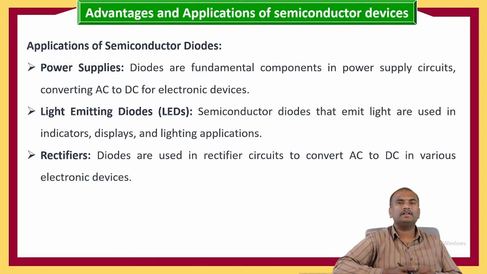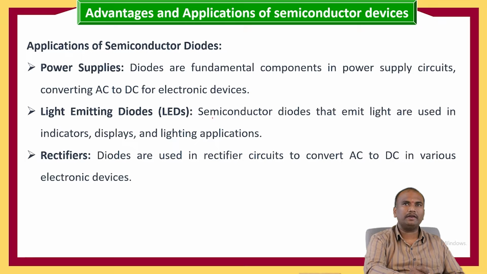That is, during the rectification process we use diodes, and that rectification process is used in power supplies like UPS, uninterrupted power supplies, where we have battery charging stations, and that battery charging can be done with the rectification process.